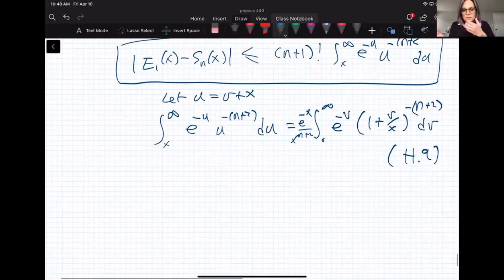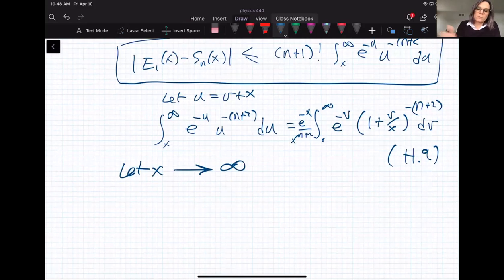And then the question, where we finally get to all of this rigmarole, is let x go big. In other words, what's the asymptotic expression of this function for arbitrarily large x?